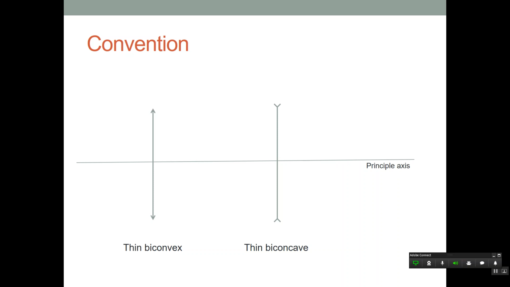So it's a line with arrows pointing upward. And this one here would be drawn like that. So you can think of that as a biconcave lens. I'll just draw that here as well.